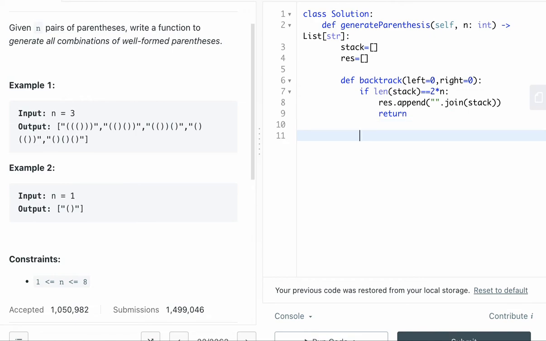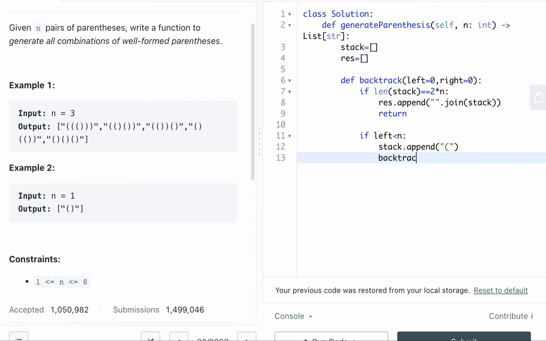So here, I'm going to backtrack. The condition is: if the left parenthesis count is smaller than n, I'm going to backtrack on the left parenthesis. When I do that, I'm appending the left parenthesis to the stack. For the backtracking template, after you append the value, you recursively run the backtracking function on the next parameters.